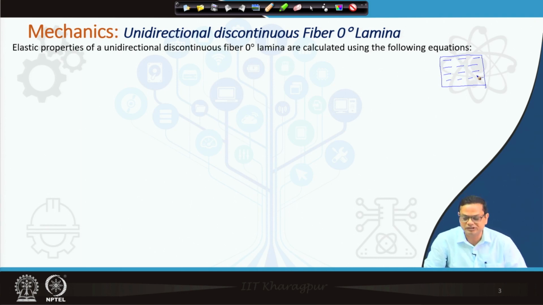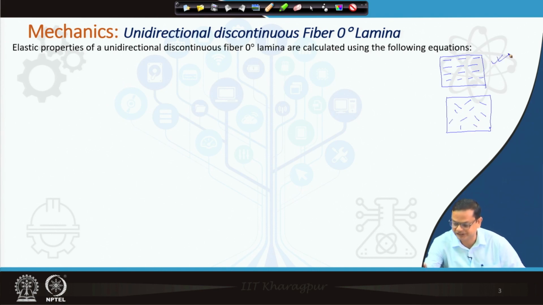We will start with this condition, and then we will move to a condition where in a composite material these short fibers are not aligned, they are randomly distributed, something like this. So, let us start with the first case.